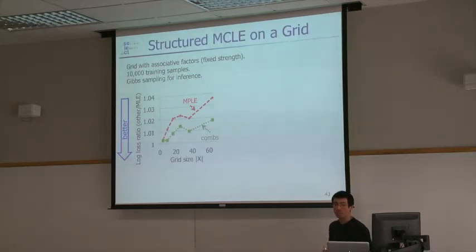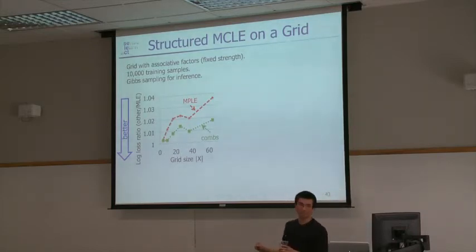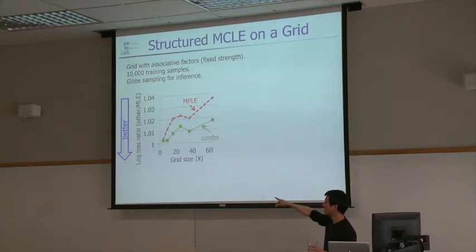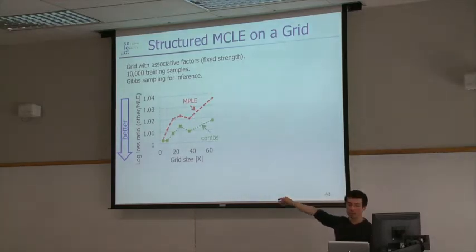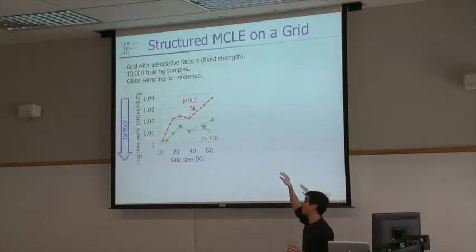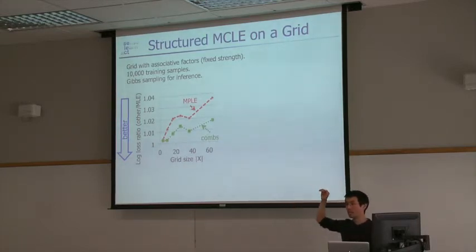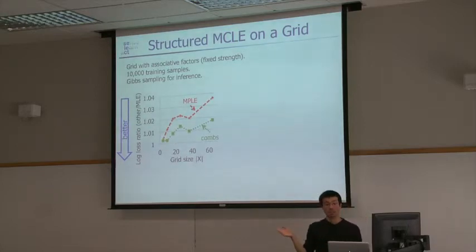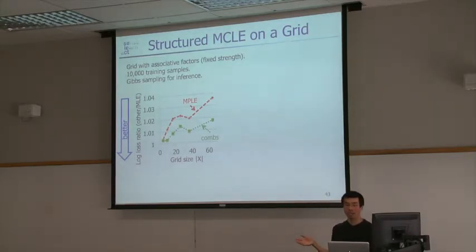What might be more interesting is an example of actually learning, where you can see that as we increase the grid size, I forgot the error bars, I guess, this is showing the actual log loss ratio. The red line is the maximum pseudo-likelihood estimate compared to maximum likelihood, where lower is better. And the green line is the estimate using structured composite likelihood compared to maximum likelihood.